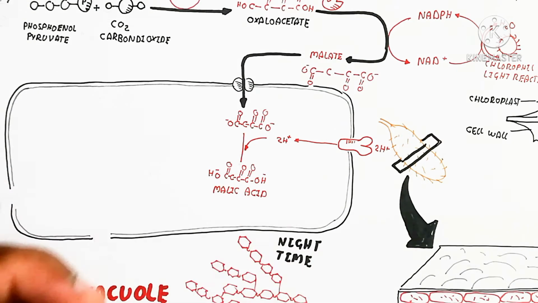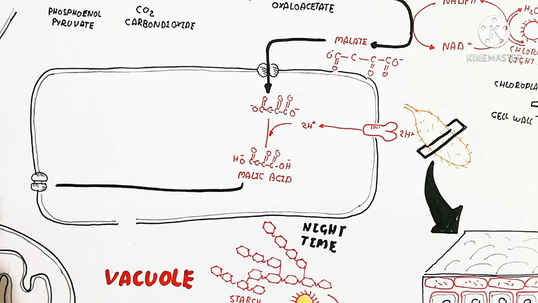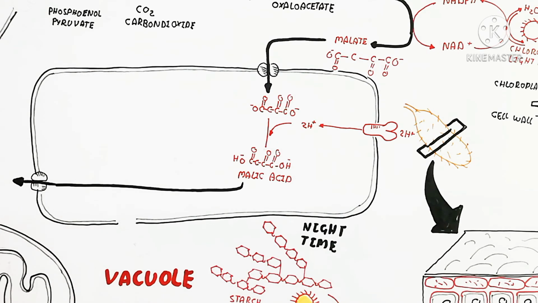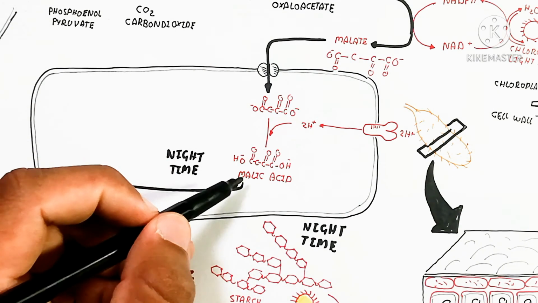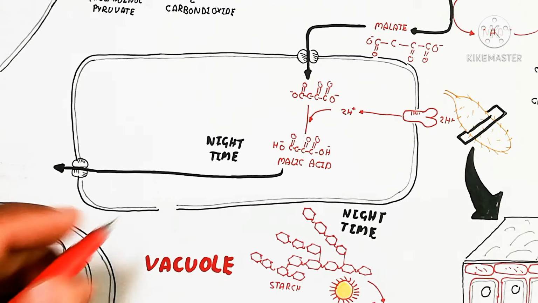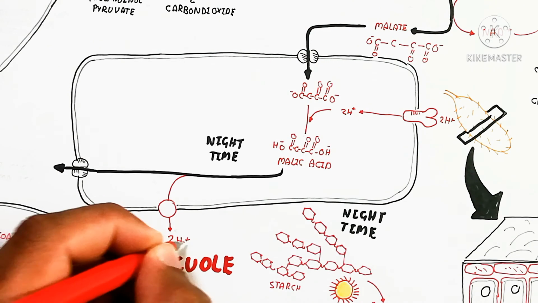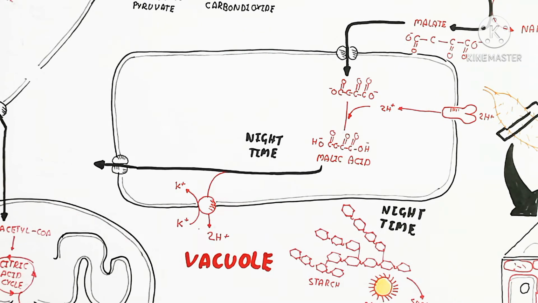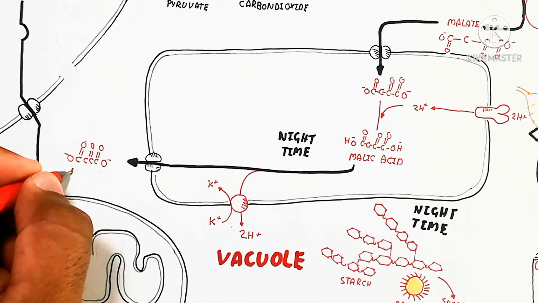It is just storing, and at night the acidic medium is created. After the night, the daytime begins, and the malate is released by the separation of two protons, moving out of the vacuole.